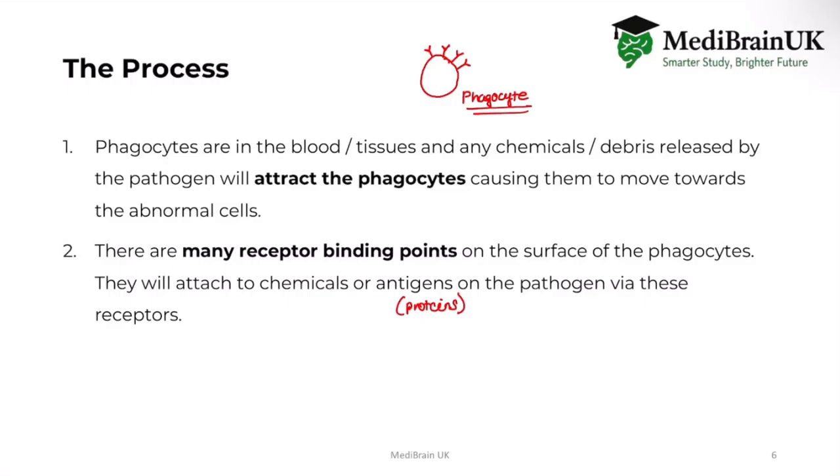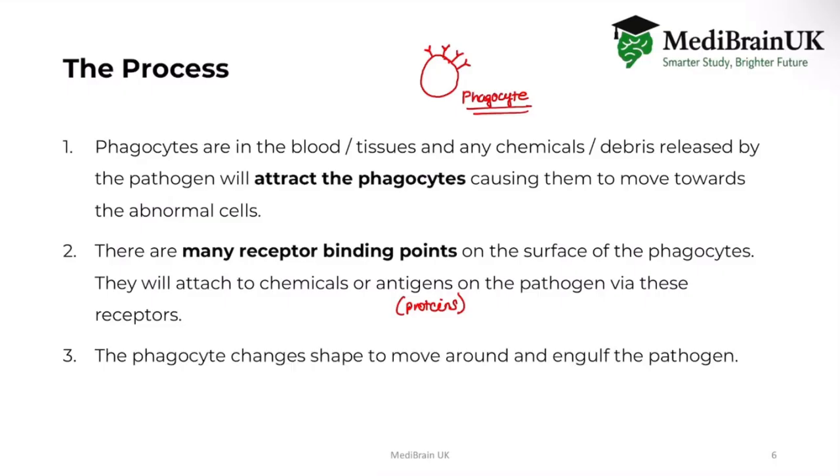They are going to be attracted to the chemicals that are being released, and they're going to go, and because they have so many receptors on their surface, the complementary receptor is going to bind to the complementary antigen or the complementary chemical which is being released.